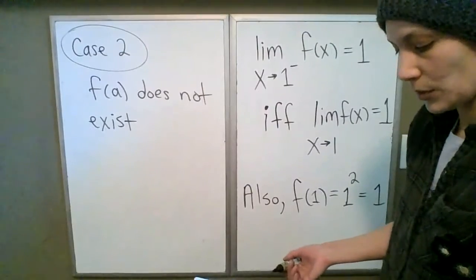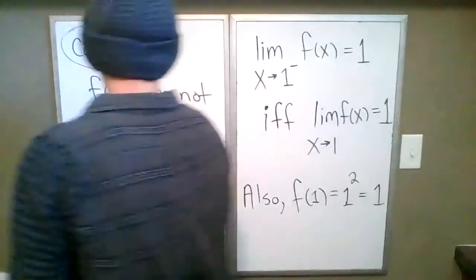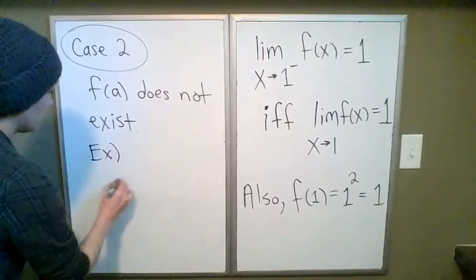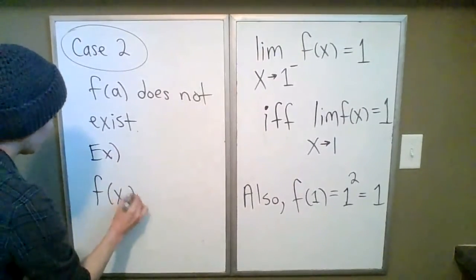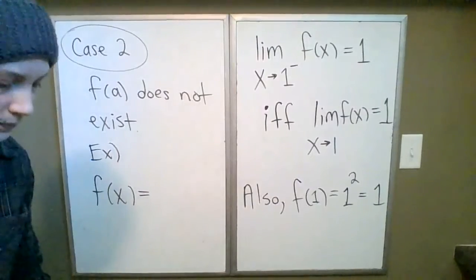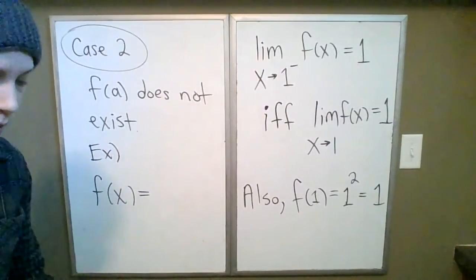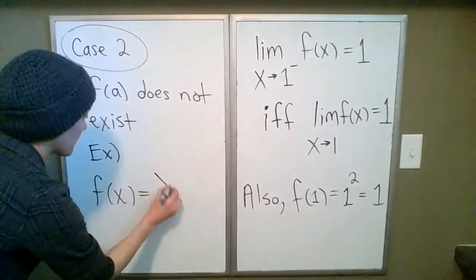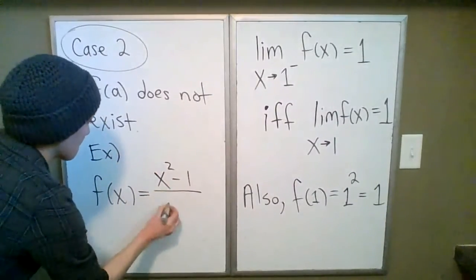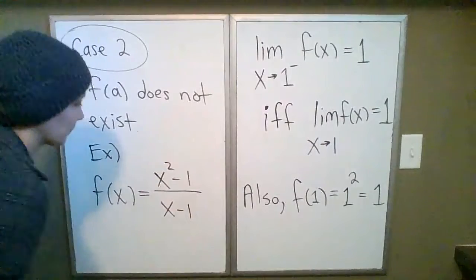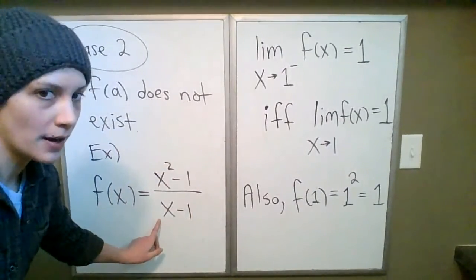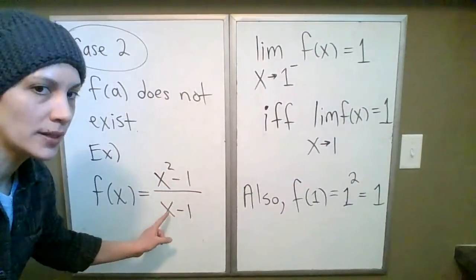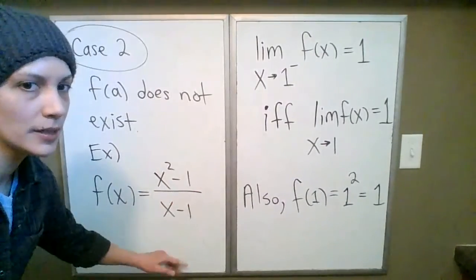It's f of x equal to x squared minus 1 divided by x minus 1. Remember we talked about not dividing by 0, so we cannot have x equal to 1, because if this was a 1 and you minus 1, then you divide by 0.